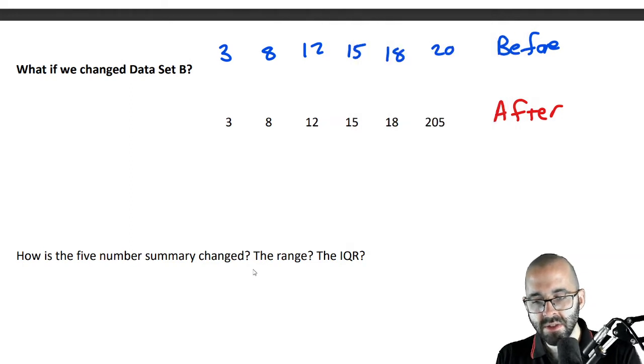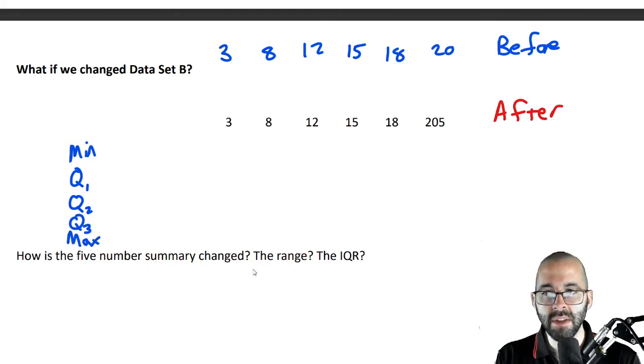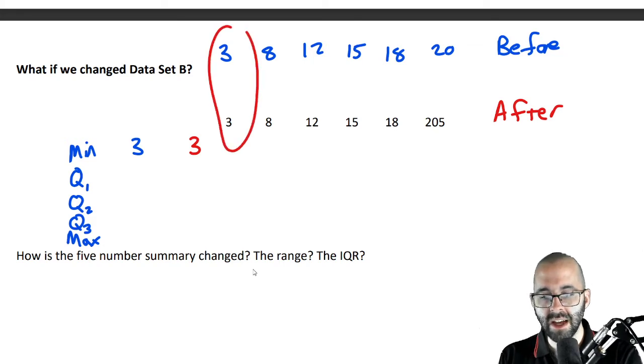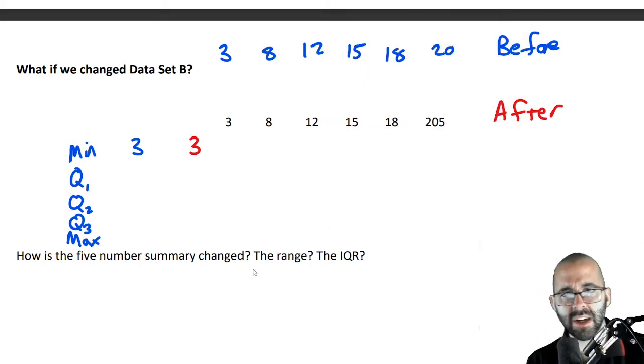Okay? So before, the 5-number summary is the minimum, Q1, the median, also known as Q2, the third quartile, and the max. Before, the minimum was 3. After we changed the data, the minimum was still 3. The minimum is 3 in both of these data sets. Let's skip the first quartile.